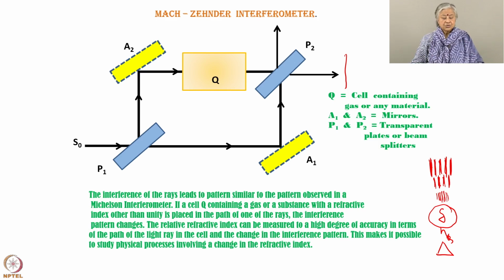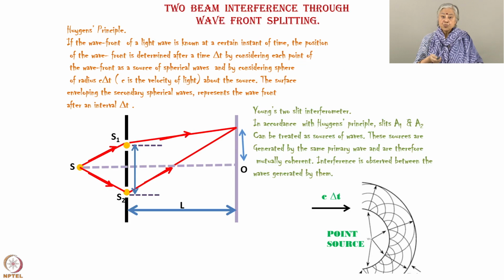And now that you have a laser which is a handy tool, you can easily get interference patterns, and so the Mach-Zehnder interferometer has become a handy tool for making accurate measurements like this. Okay. So, now I will go on to two beam interference through wavefront splitting.